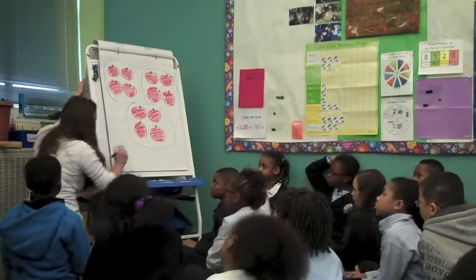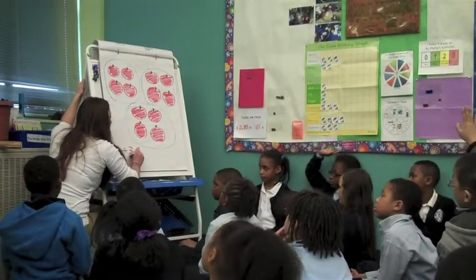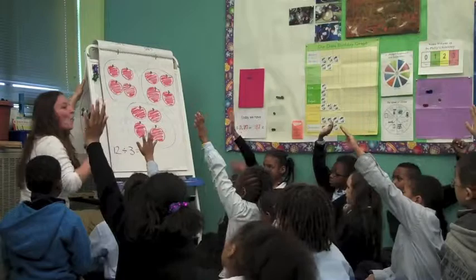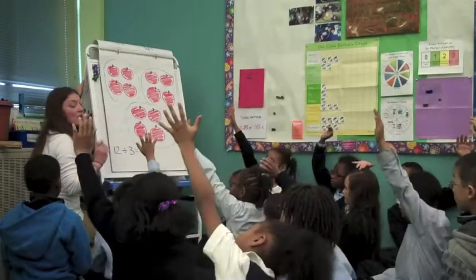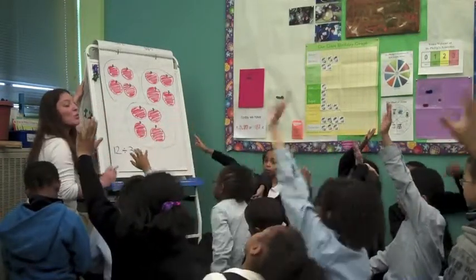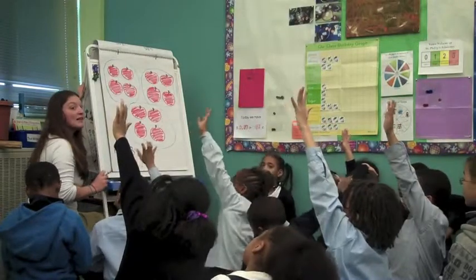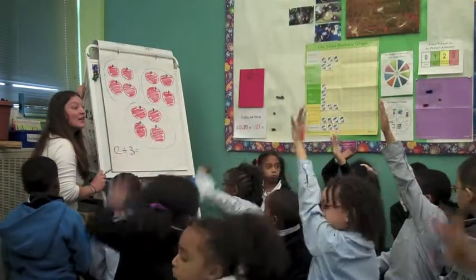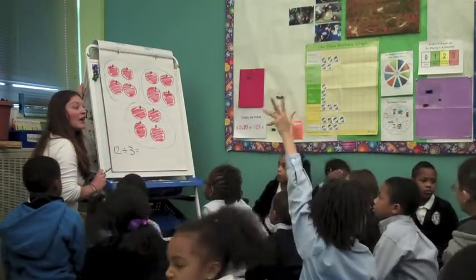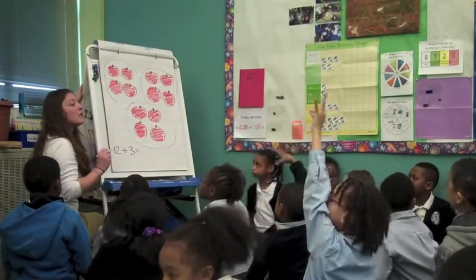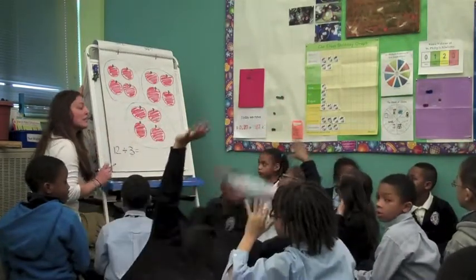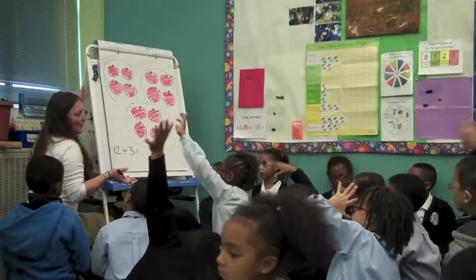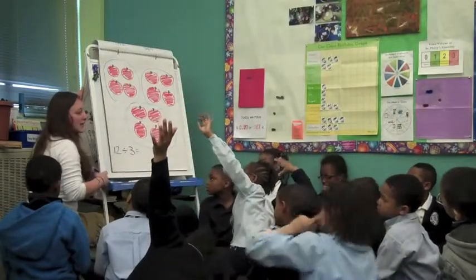3 groups. Equals. What does this number represent? Don't tell me the number. Tell me what the number represents. Jason? It equals 4. Okay, listen to my question. What does the number represent? So Jason's right. He was too excited to tell us the number.